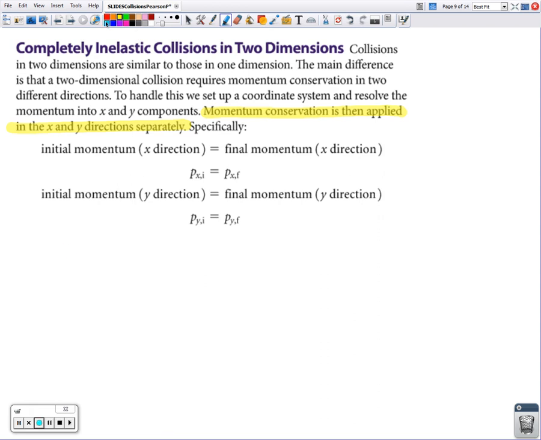So we need to conserve momentum on the x-axis and conserve momentum on the y-axis. We have to take care of x and we have to take care of y separately before we can look at them together. All right?